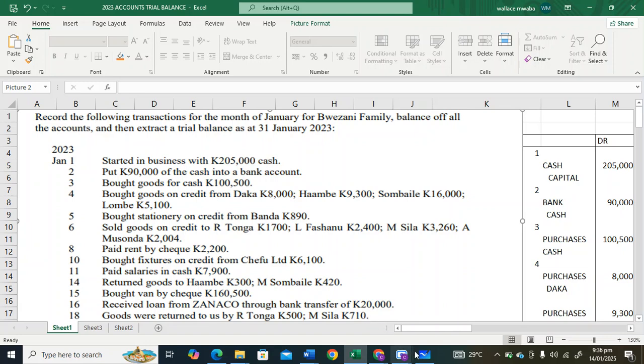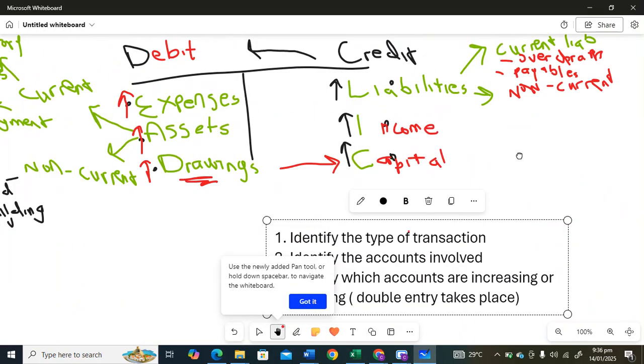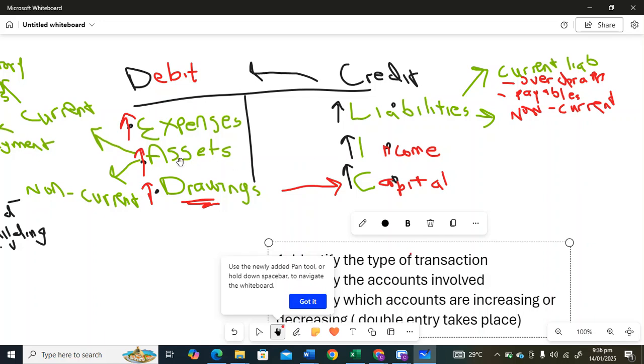So we come to this diagram here and we say cash is an asset account. To be specific, it's a current asset. So it is increasing, so we're going to debit cash 205,000 kwacha. Capital is a capital account. It is increasing, so here we're also going to credit capital.